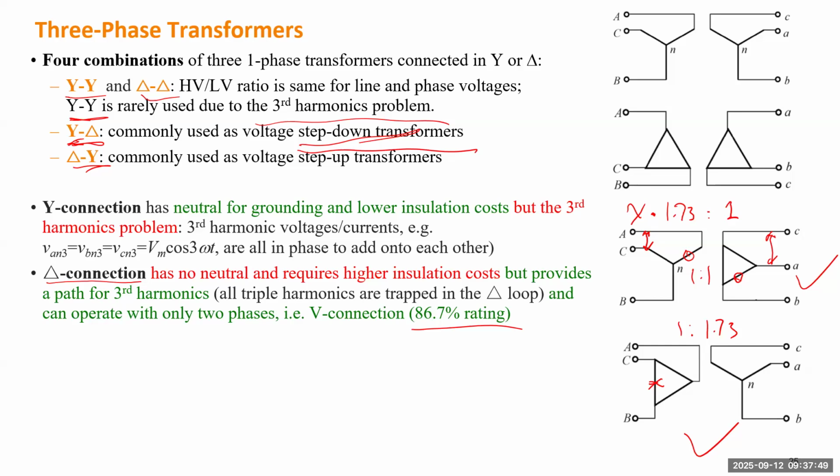But once you open one phase, that phase current becomes the line current. So you decrease the line current rating to the rating of the phase current. That makes your calculation slightly different for the delta connection, so that's why the rating will be decreased. But that is a very easy calculation.